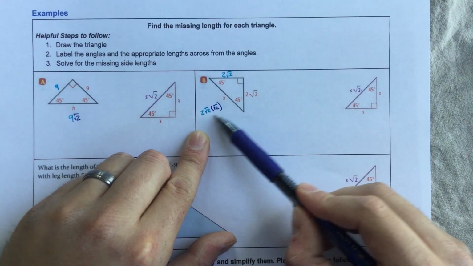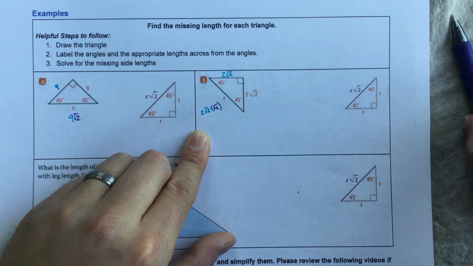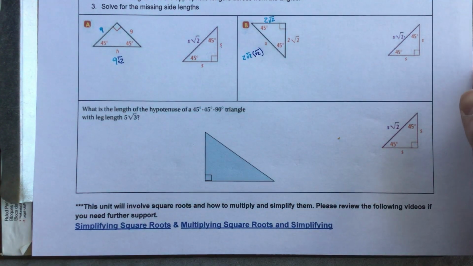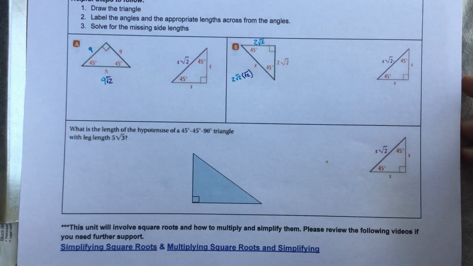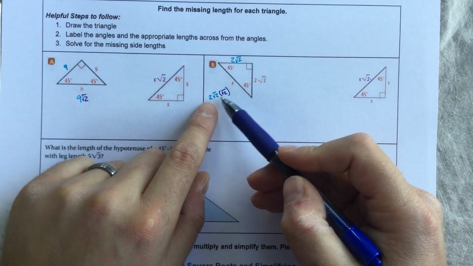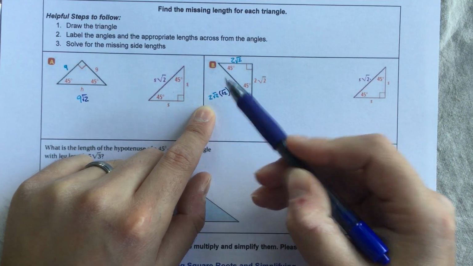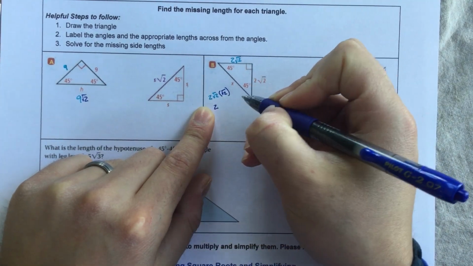We also have to simplify this example. So this is where you may want to click the links below if you're not sure, these two on the guided notes. That will help you with simplifying square roots, multiplying them as well. When we multiply here, we take our coefficient of 2 times the coefficient of 1 to get 2.